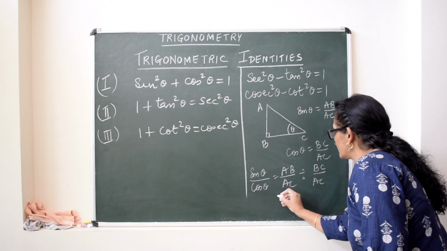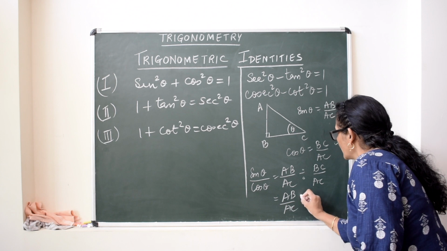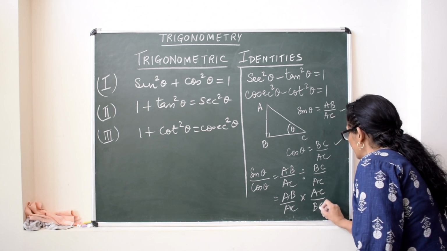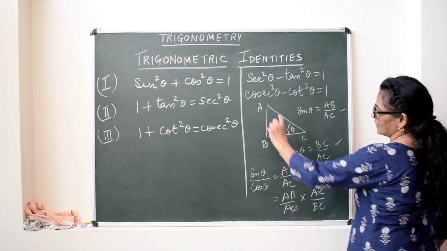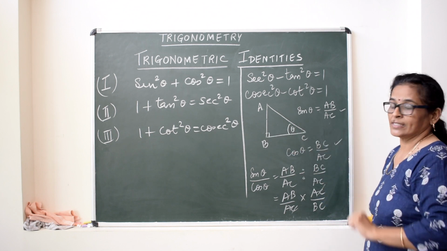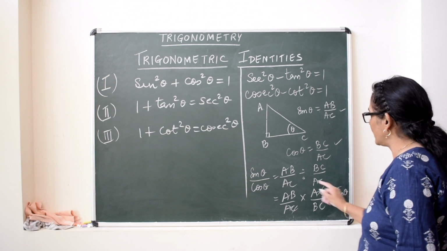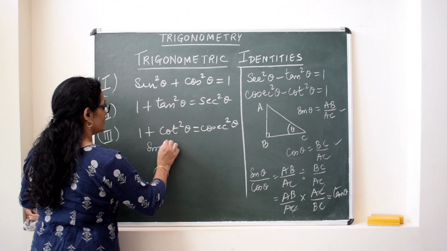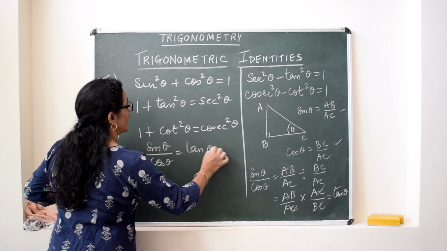We'll rewrite it: AB by AC multiplied by AC upon BC. AC will be cancelled. Now look at this, AB upon BC for this theta is tan theta. It means the relation between sine, cos and tan is sine theta by cos theta is tan theta.